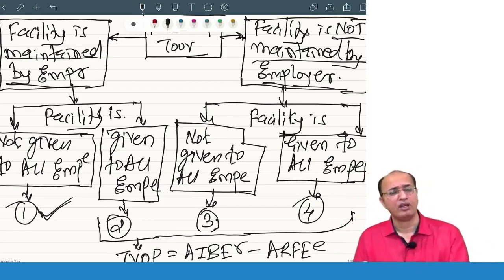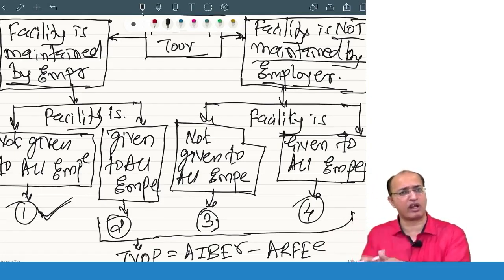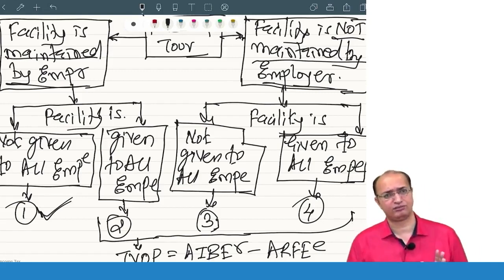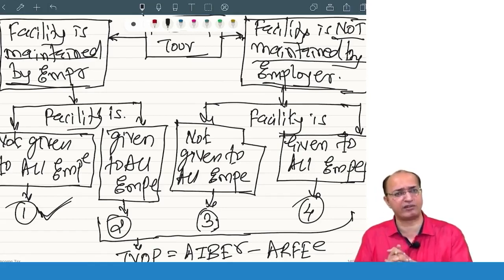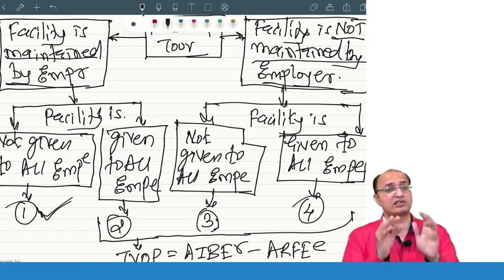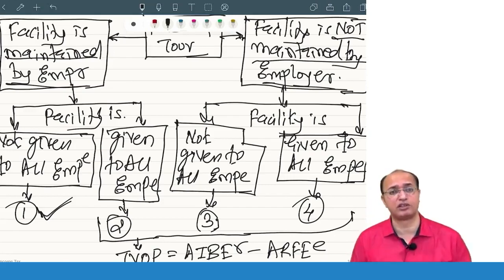Instead of staying in my employer's guest house, if I go to a hotel and stay for 7 days, the cost would be say 70,000 rupees. And this 70,000 will be taken into account for the valuation of perquisite.